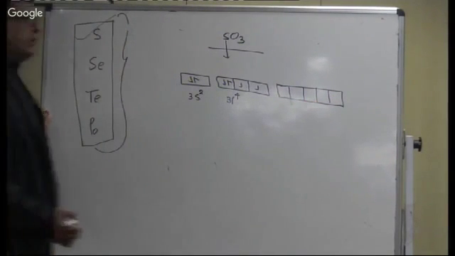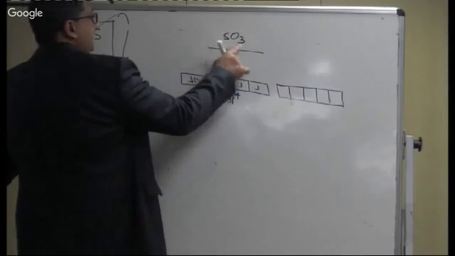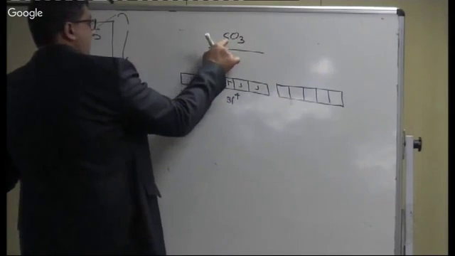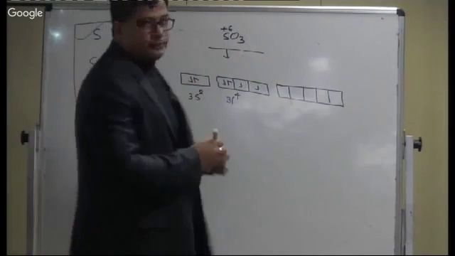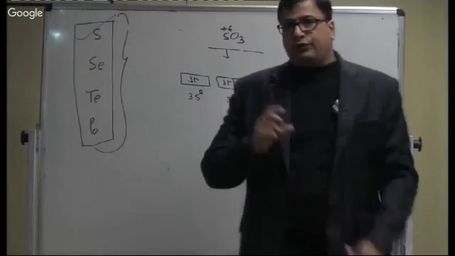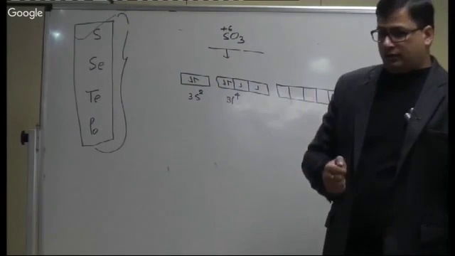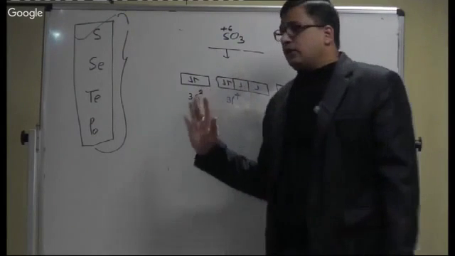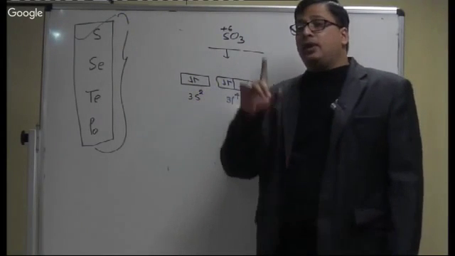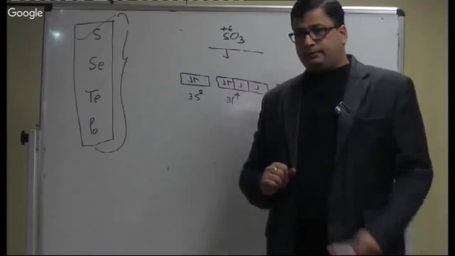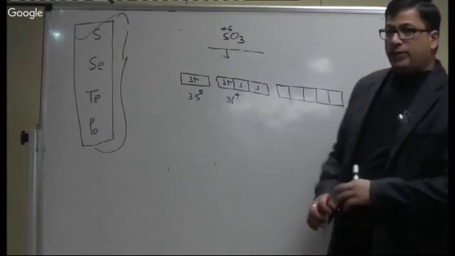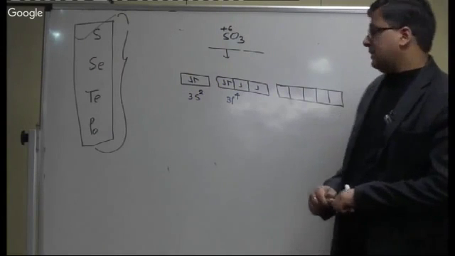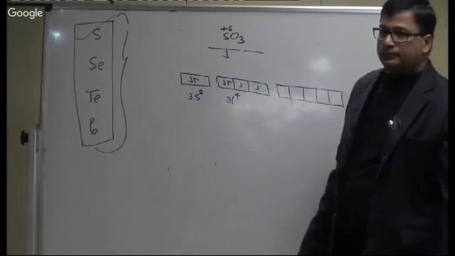Third step, calculate the oxidation state of this sulfur. Here the oxidation state of sulfur is +6. So we require 6 unpaired electrons. This method is very good, and it is also used to calculate the hybridization of coordination compounds. How many unpaired electrons are present right now? 2.